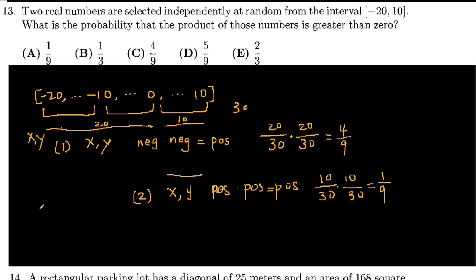Now let's pause a little bit. People may ask why you don't consider your picked x or y to be 0. In that case, the product would be 0, and the question is asking for greater than 0.